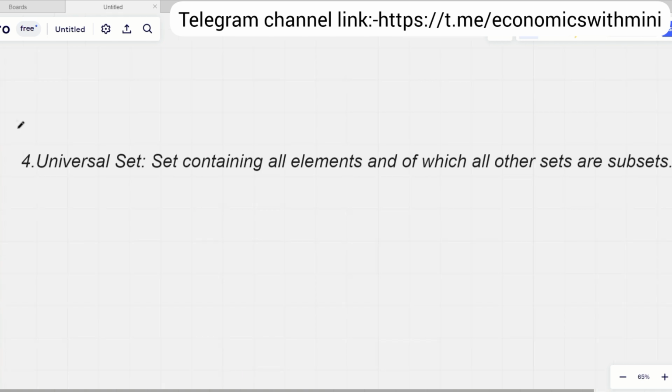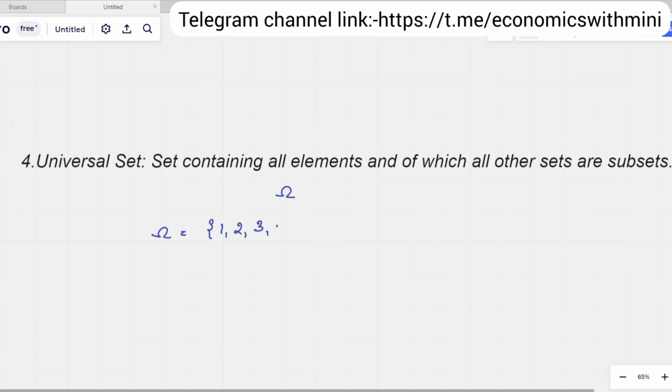Next, universal set. A set containing all elements and of which all other sets are subsets. We denote the universal set by this sign. A universal set contains all elements and other sets are just subsets of the universal set. Okay. Now let's see with the help of an example. Sign of universal set.